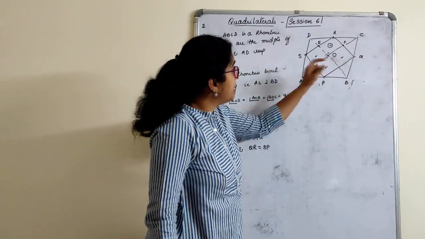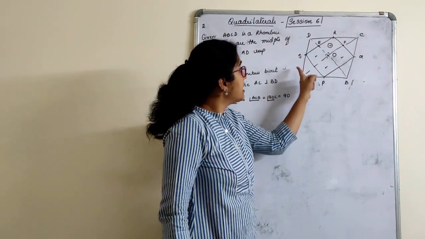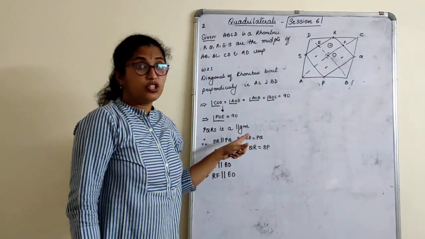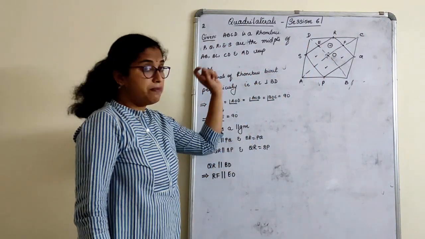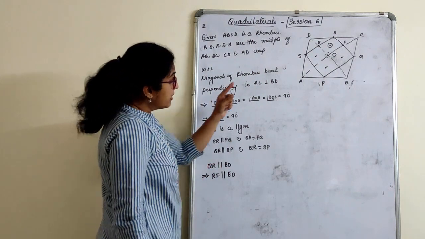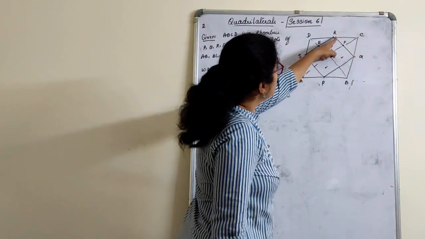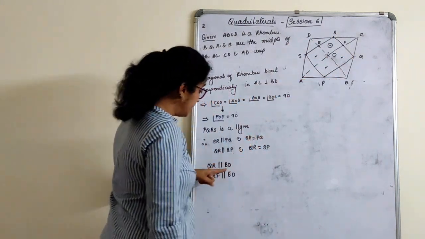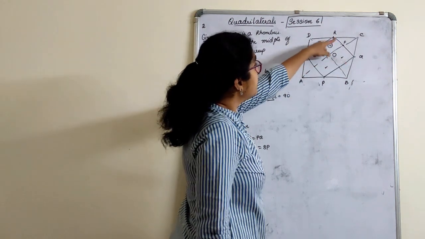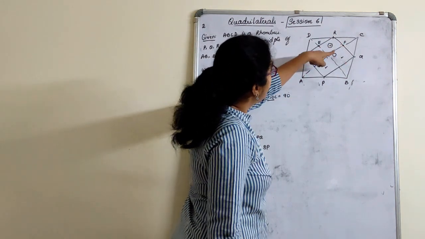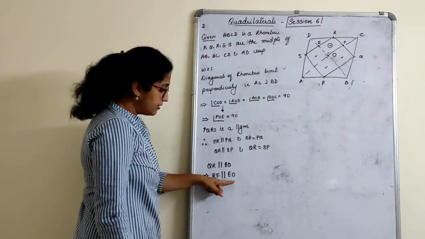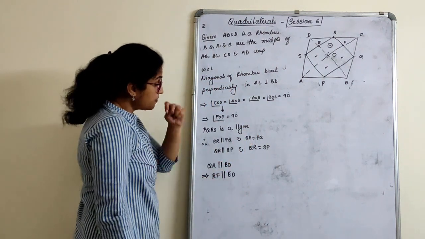PS is parallel to BD. I could have told SR is parallel to AC. Anything, children. It is parallel from midpoint theorem. They are parallel there. So I have taken one angle here. QR is parallel to BD. I have written. Since QR is parallel, the part of it is FR is also parallel to OE. I have written here, right?